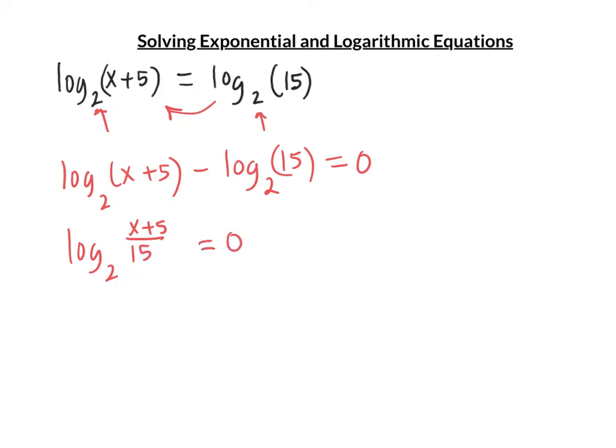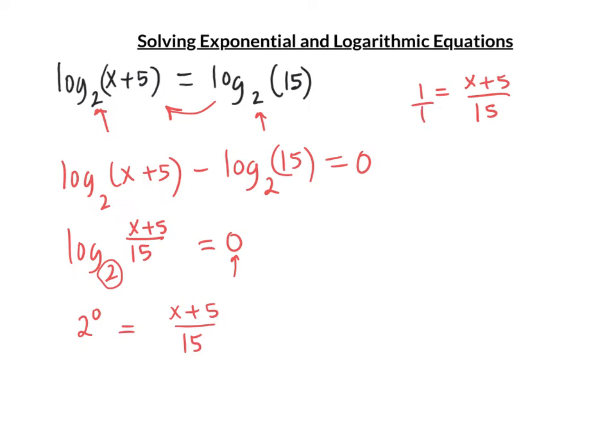Yeah, you could turn this into an exponential equation. 2 to the power of 0, remember a log is equal to an exponent. 2 to the 0 is equal to (x plus 5) over 15. We know what 2 to the 0th is. Anything to the 0th power is 1. 1 equals (x plus 5) over 15.